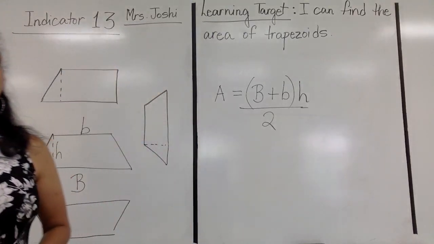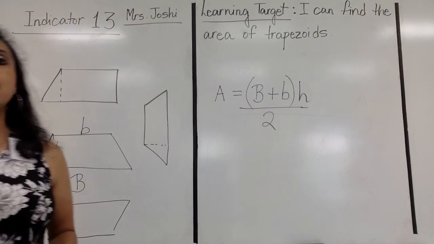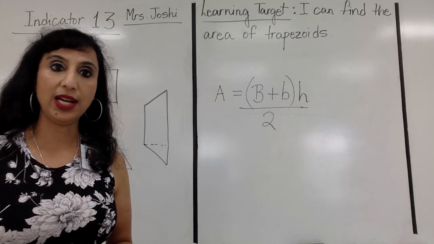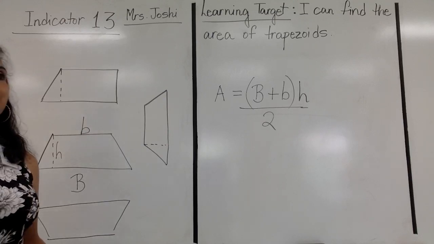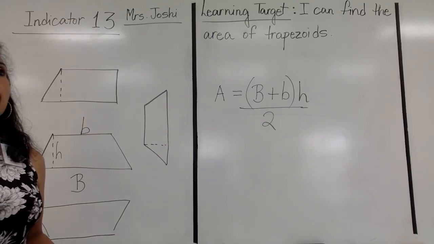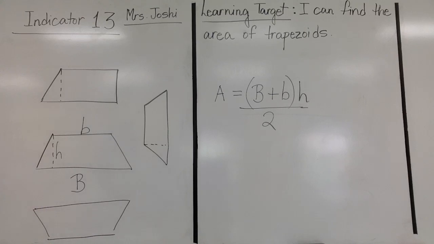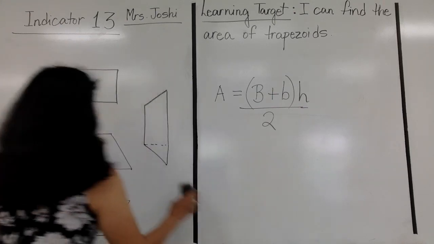Okay. Now, let's go ahead and solve some problems relating to trapezoids now that you've understood why the formula is like this. Very often in a trapezoid, you might be given something like this, and I'm going to just use this example here.